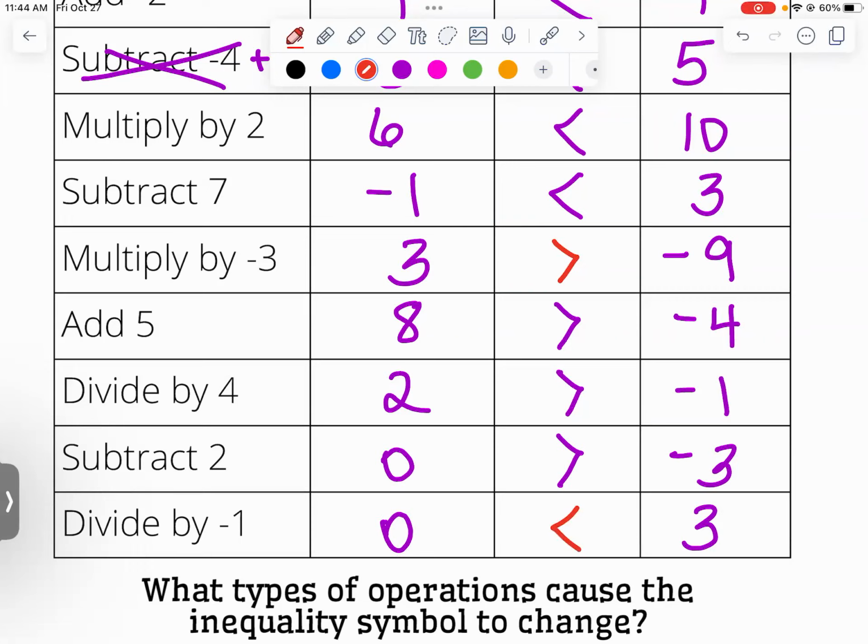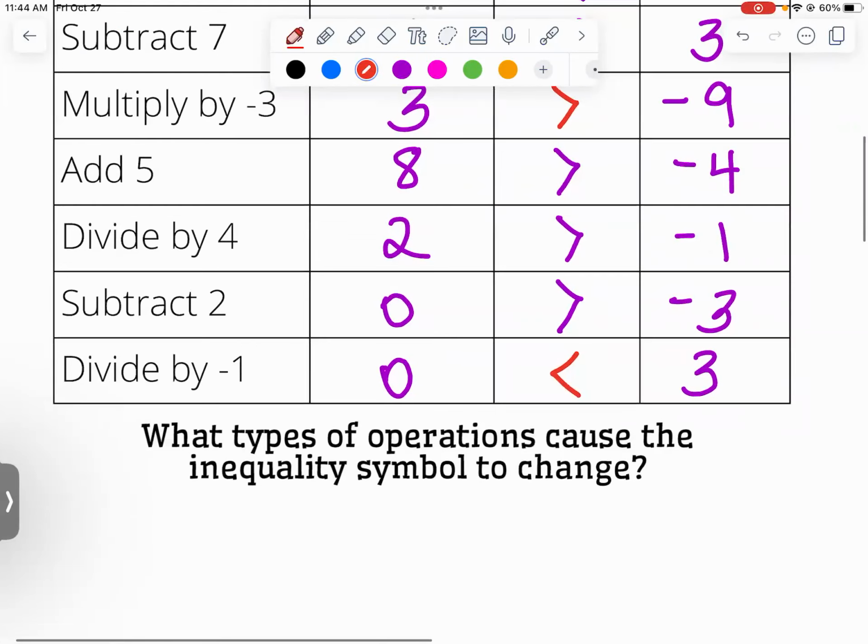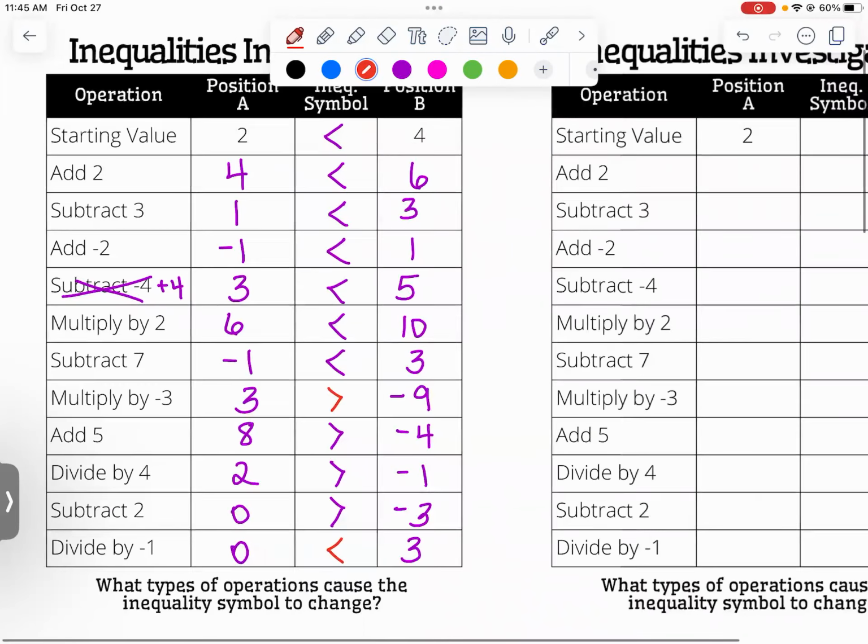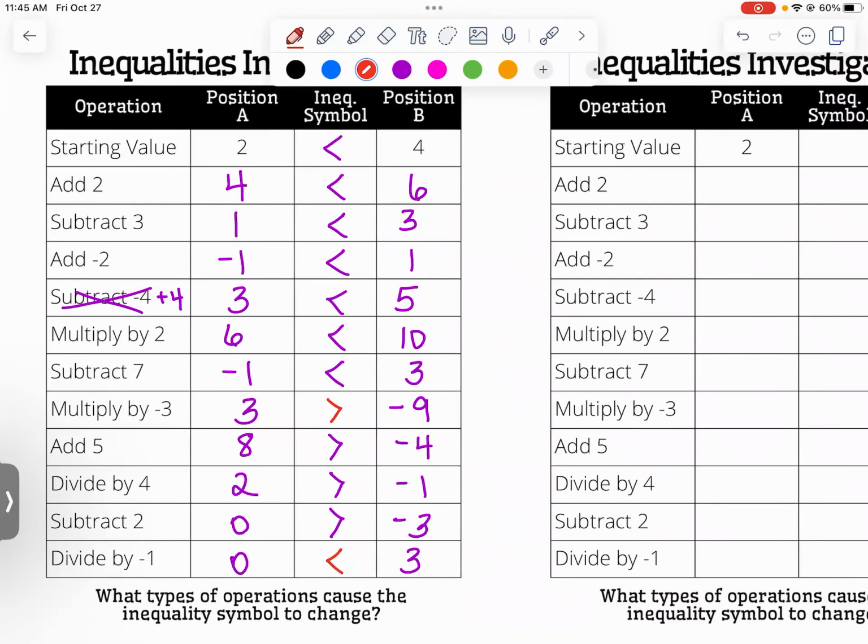I want you and your elbow partner to take a few seconds and talk about this question at the bottom. Ready, set, go. If we look at this chart, what do you think?